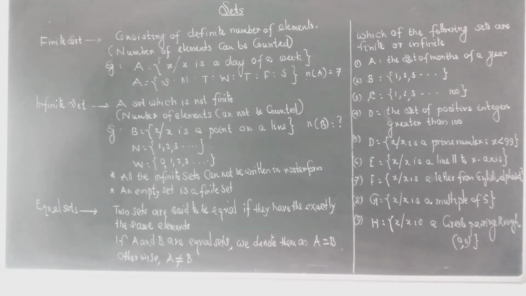You take two sets A and B, or C and D, or E and F. The condition is that they should have exactly the same elements. The same elements must be in both sets A and B; then only A and B can be equal sets. If they are equal, we write simply A is equal to B. Otherwise, you write A is not equal to B.